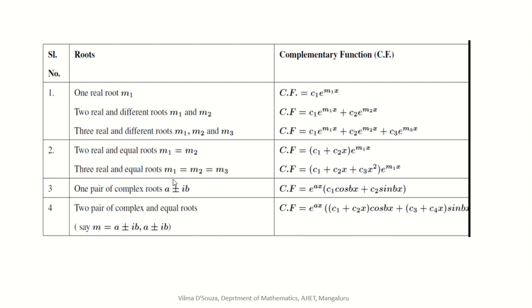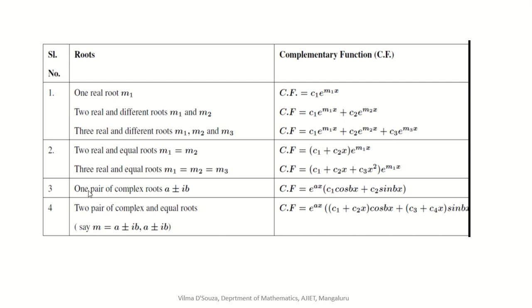Whereas if you have three real and equal roots, m1, m2, m3, all are equal, then if you have three different roots, this is your CF. If you have three equal roots, c1 plus c2x plus c3x square into e power m1 x.